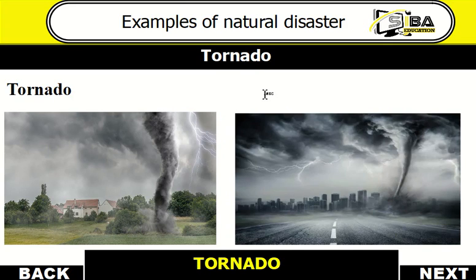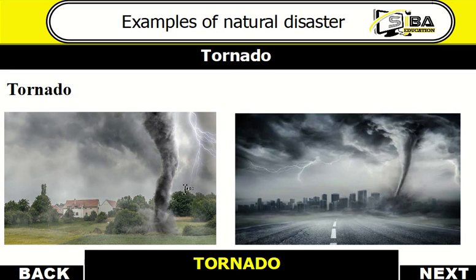And then we have tornado as another example of a natural disaster. This happens as a violent rotating column of air extending from a thunderstorm to the ground. If you take a look at the picture, you see the column of air rotating from a thunderstorm to the ground.